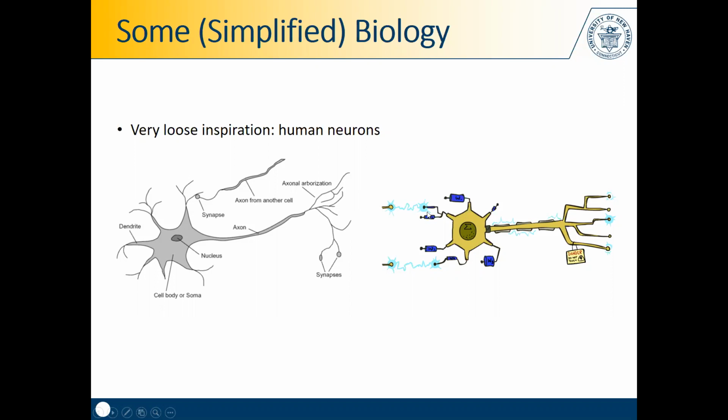Now, all of these inputs multiplied by their weights are then summed up in the body of the neuron. And then the summation goes through some sort of activation, and the output is generated and it flows through the output channel. This is a very simplified model of how a neuron works.